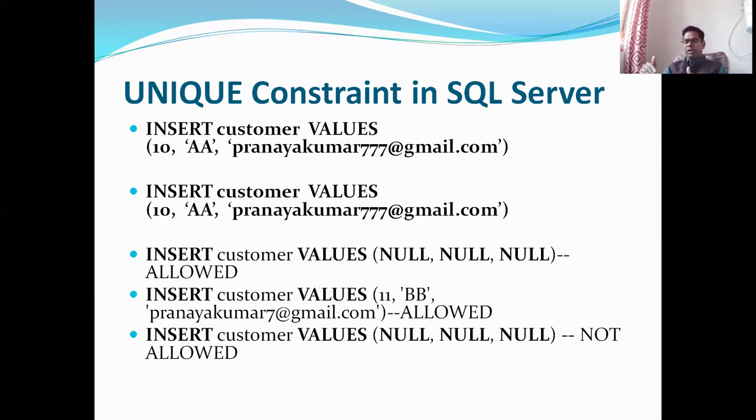But as soon as we try to insert another null record, that is not allowed, because that will create a duplicate value. The unique constraint says there will always be unique values for the corresponding columns on which we have implemented the unique key constraint.